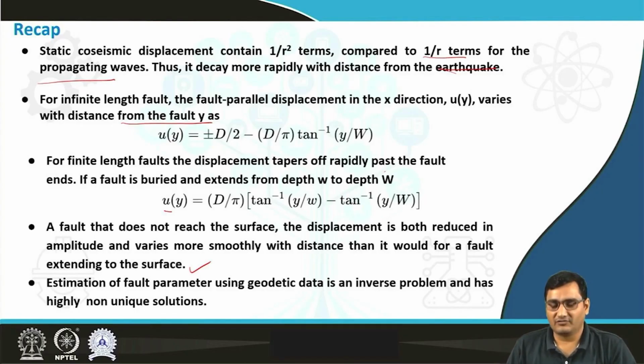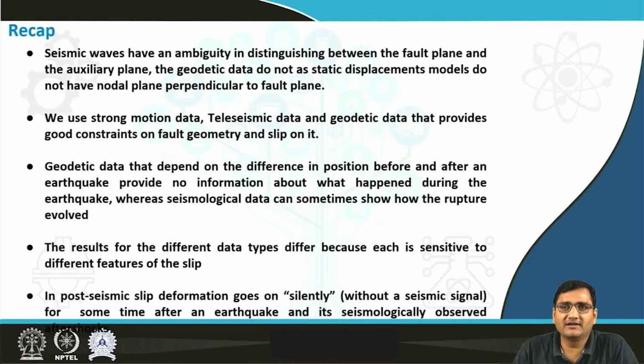If we use both data together, they may be complementary to each other and can resolve the model with better accuracy, that means less non-uniqueness. Seismic waves have an ambiguity in distinguishing between the fault plane and the auxiliary plane. Geodetic data, as static displacement models, do not have a nodal plane perpendicular to the fault plane. We use strong motion data, teleseismic data and geodetic data, which provide good constraints on fault geometry and slip on it.